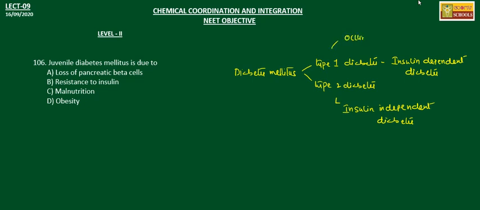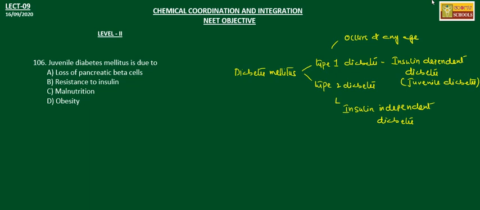And this type 1 diabetes, we call it juvenile diabetes, and that is due to malfunctioning of parts of pancreas, and it results in no production of pancreatic hormones, especially insulin.